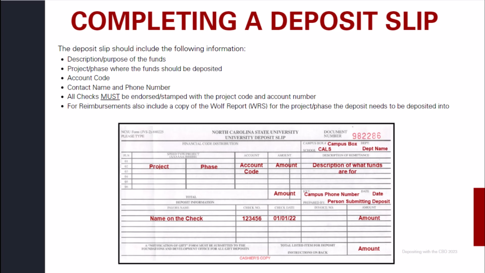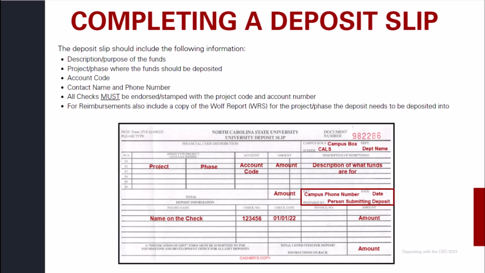The deposit slip should include the following information: a description or purpose of the funds, the project and phase of where the funds should be deposited, the account code, and to find that information, you can use the chart of accounts for revenue and/or the chart of accounts for expenses, and a contact name and phone number.